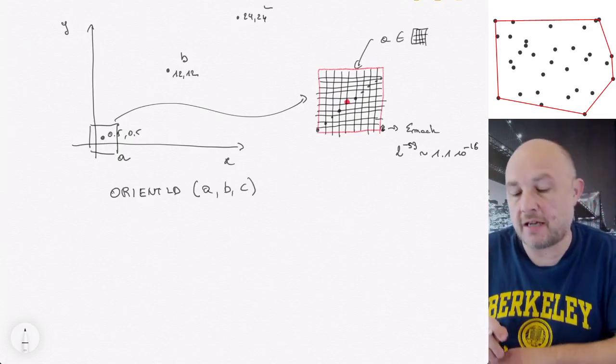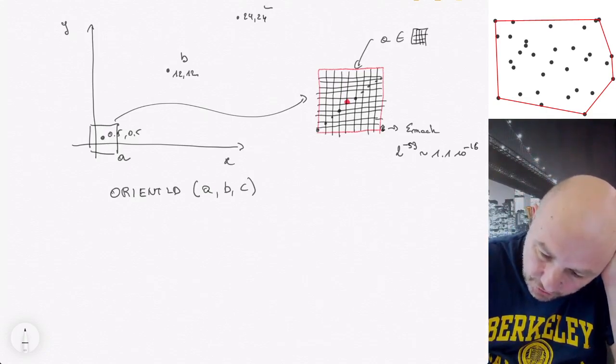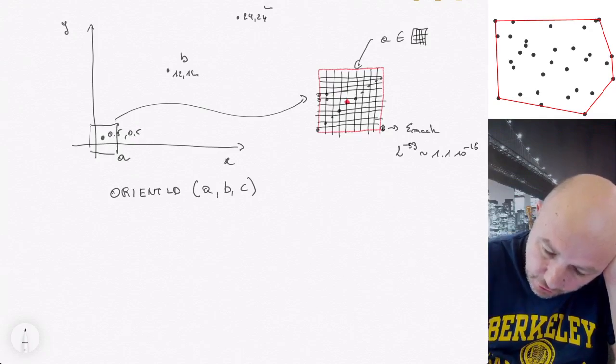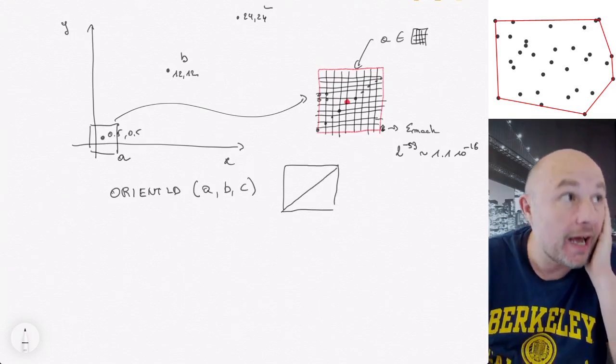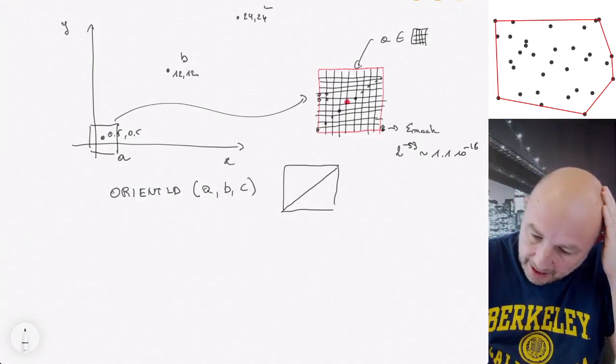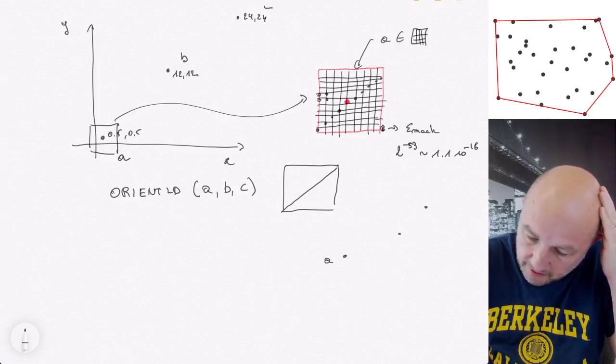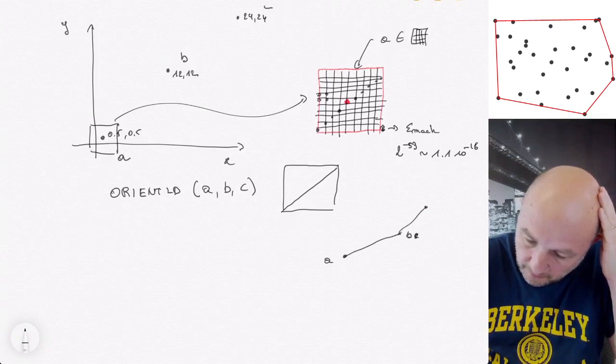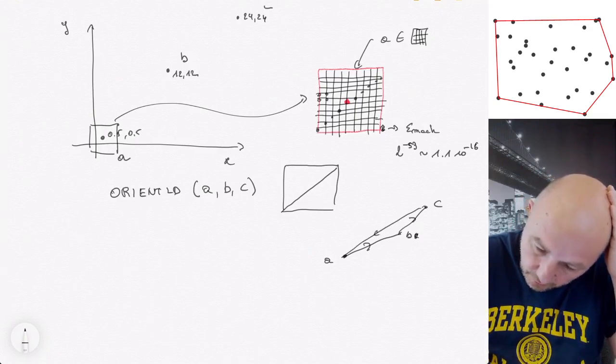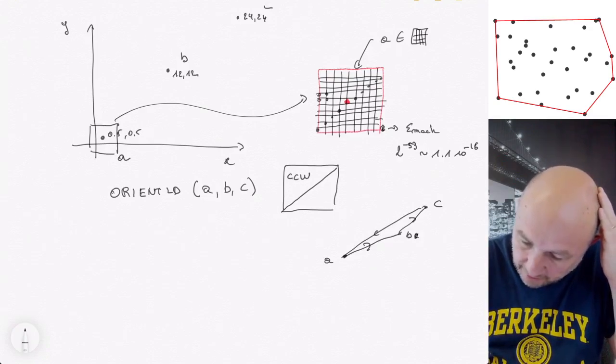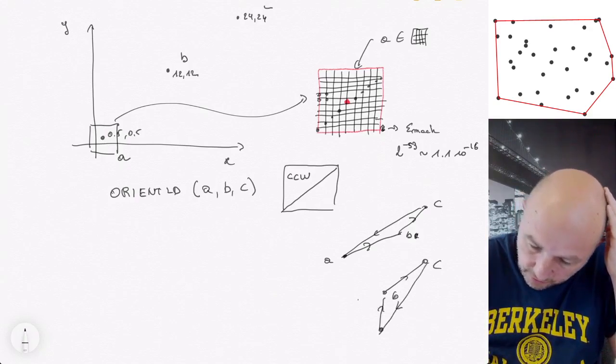A belongs to that grid somewhere here, and I am going to look at all the points of the grid. So what I should see at the end is something like that. I should have an answer that says, okay, I have A on the top, B, C, like that, A, B, C. So A, B, C is oriented counterclockwise here, and if I put A here downwards, this is clockwise.